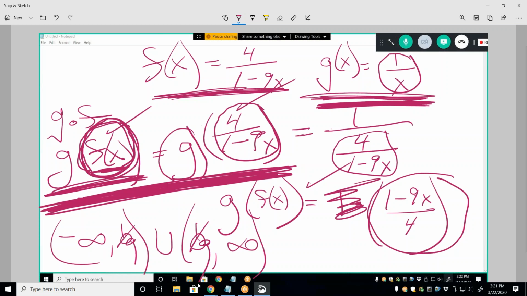Just like the last time when we had f of g of x, remember g of x was 1 over x, and that restriction was it couldn't be 0. Nowhere did they mention the 1/9. So they didn't care about the restrictions on the first part of the composite. They only care about restrictions on what's inside the parentheses and the restrictions of the final function. Okay. So let's go with that.